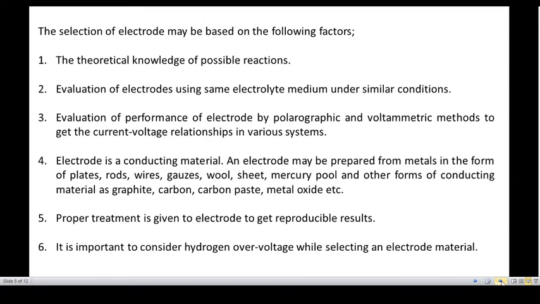While selecting a particular electrode material, you have to consider certain factors. One is that you should have thorough theoretical knowledge about the reaction.